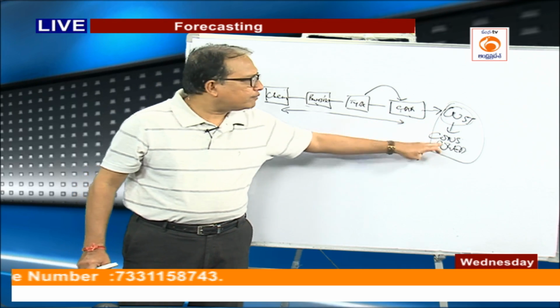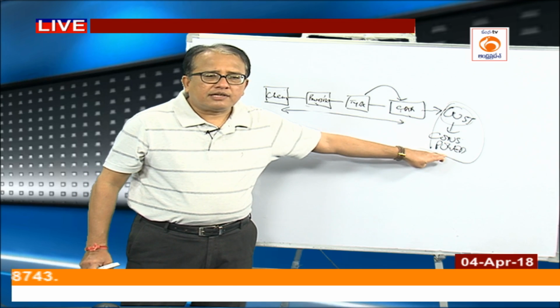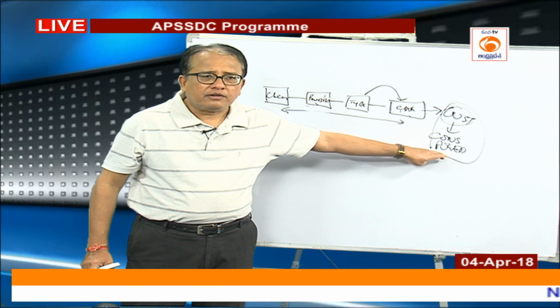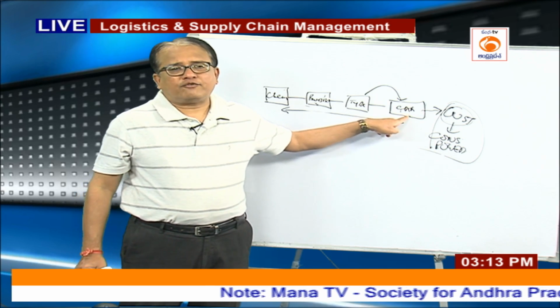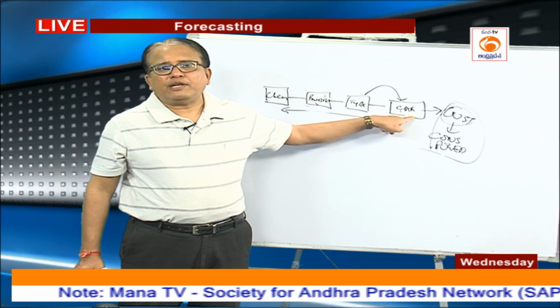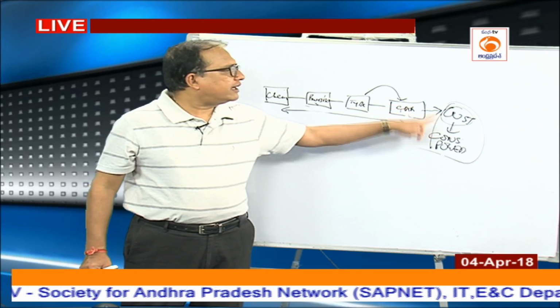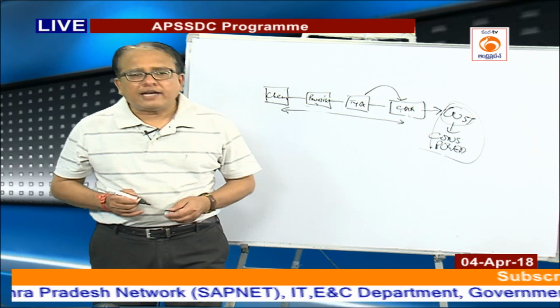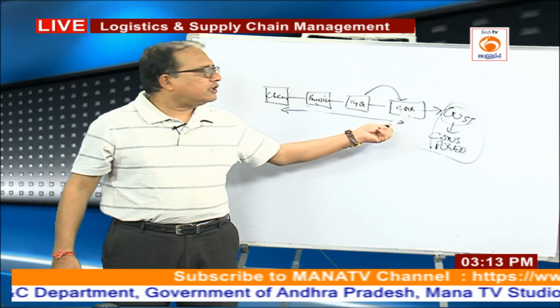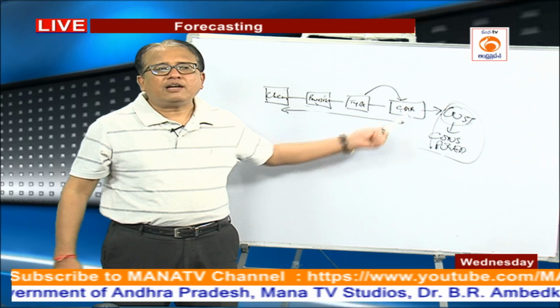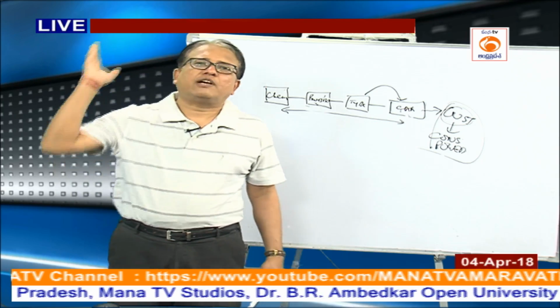It is the consumption power of the customer on which the car's forecasting will depend, for the company producing the car. If the customer's consumption power is high, if the consumer behavior is positive towards this particular brand of car, the forecast or the demand of the car will go up.